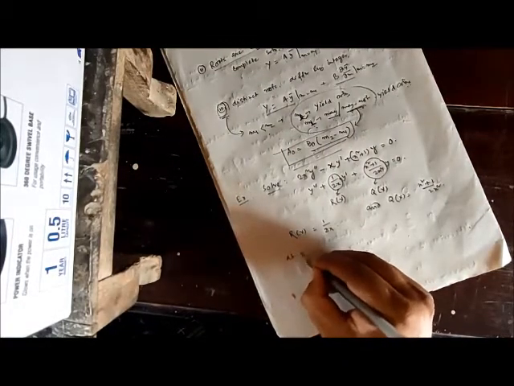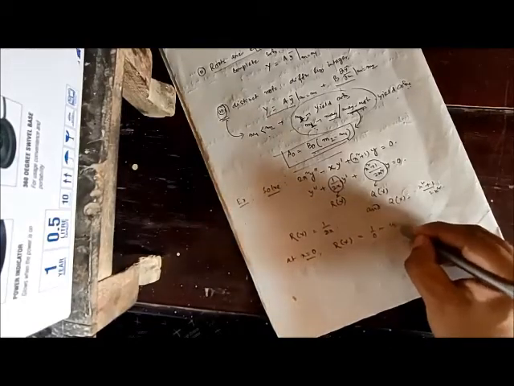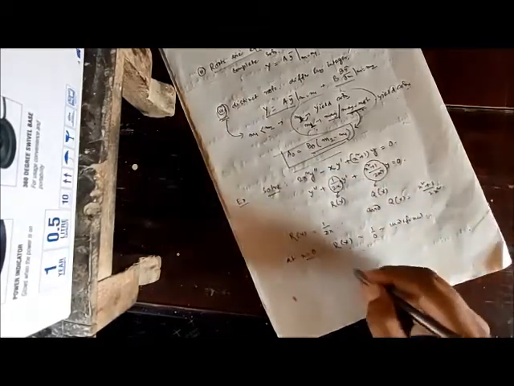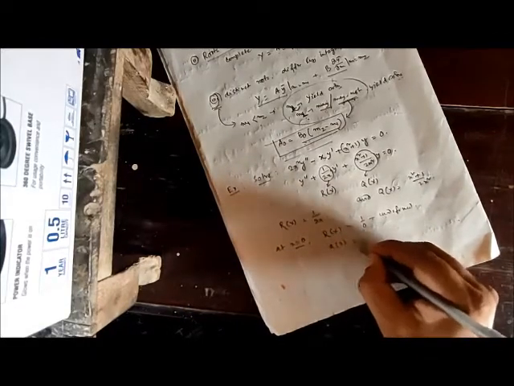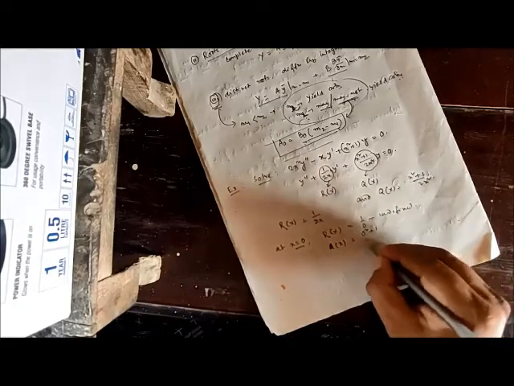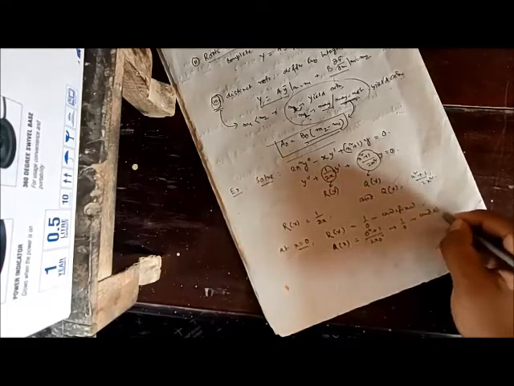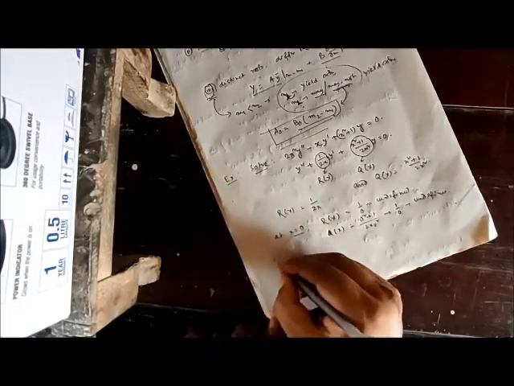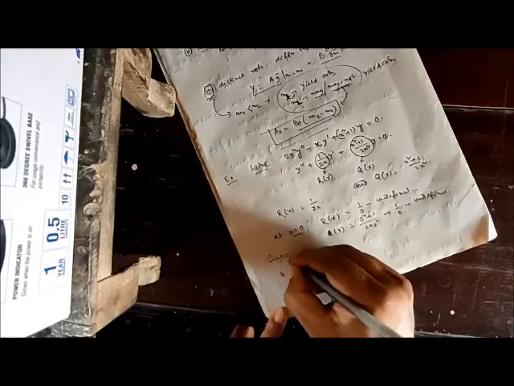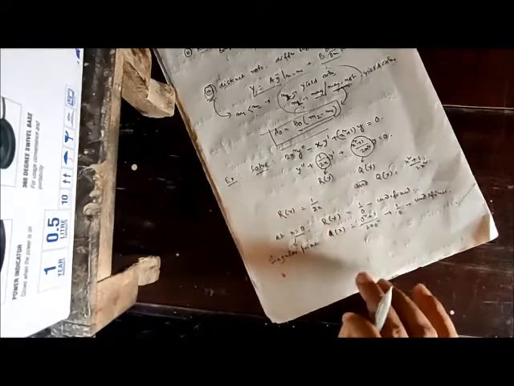Now if you put x equal to 0, Rx is 1 by 0, so undefined, and Qx is 0 square plus 1 by 2 into 0 square, so this is also 1 by 0, undefined. So x equal to 0 is a singular point for this differential equation.